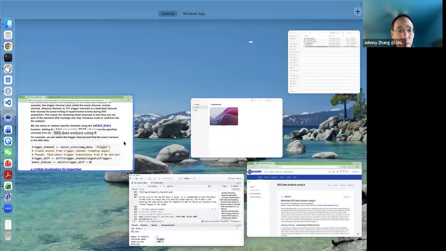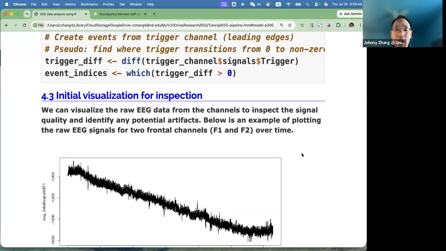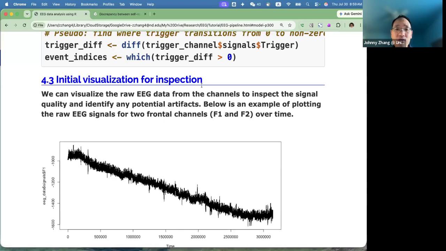After we select the proper channels, we can do some inspections. Oftentimes we do a lot of data visualization in EEG data analysis. Initially, we can check each channel to see if there are any bad channels or any issues with our data collection.